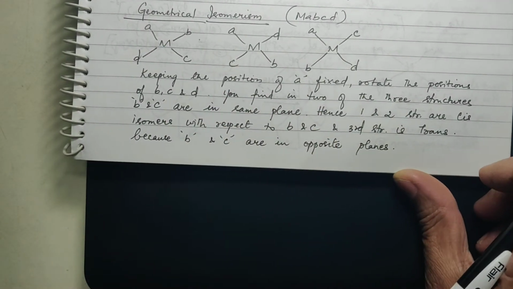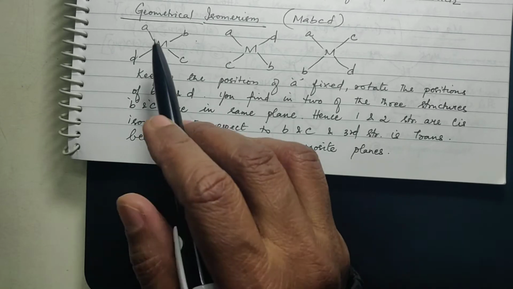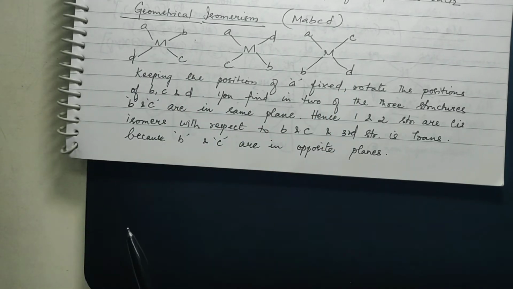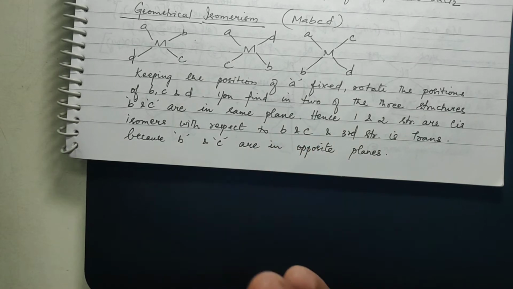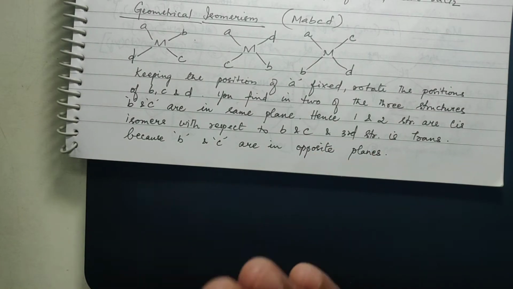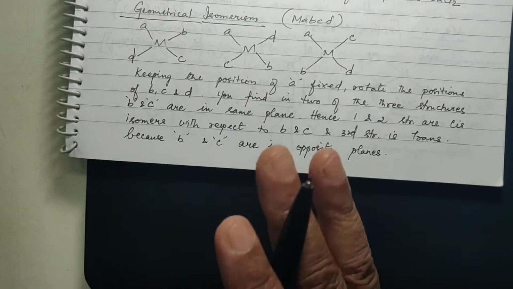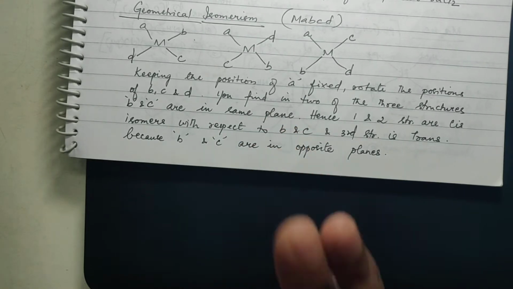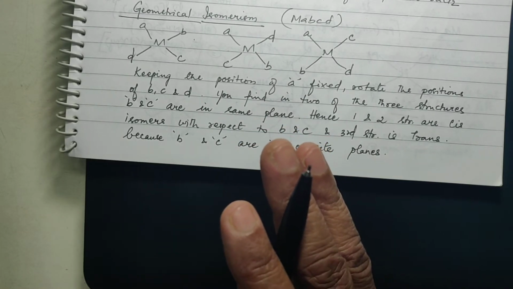Now with respect to A and B, which of them are cis and which of them are trans, we are going to see. You have studied cis and trans in 11th class itself. If like groups are on the same plane, it is cis. If unlike groups are on the same plane, it is trans.